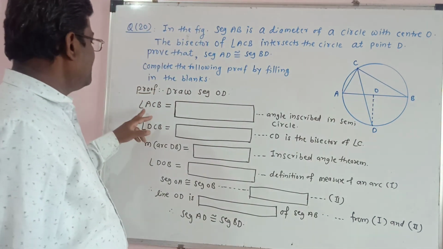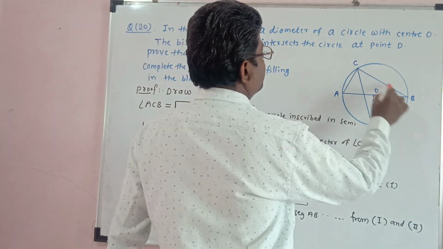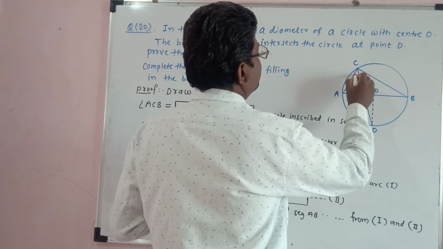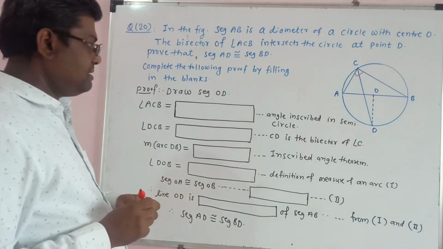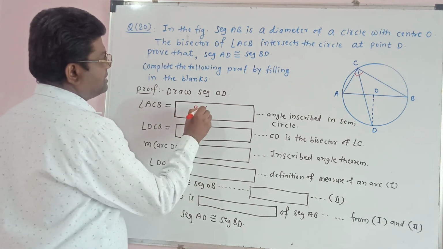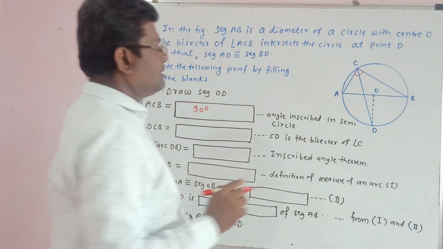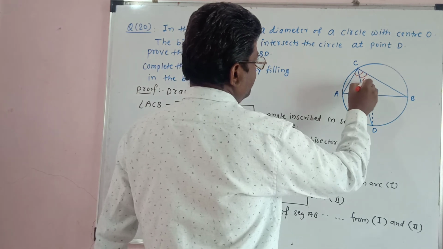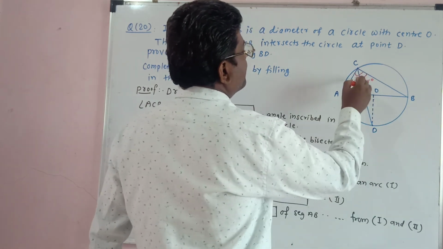Now let's see angle ACB. This angle will be a 90 degree angle because angle inscribed in a semicircle. So angle ACB is equal to 90 degrees. Now angle DCB will be 45 degrees because CD is the angle bisector.